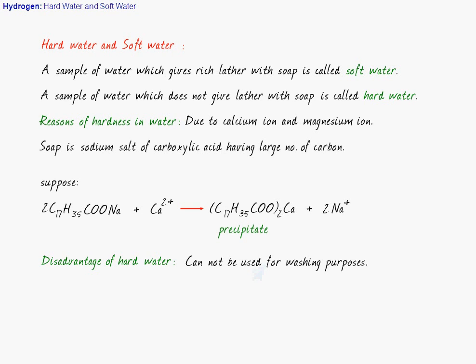The deposition reduces the efficiency of the boiler and also damages it. It is therefore necessary to render the water soft before it can be used.